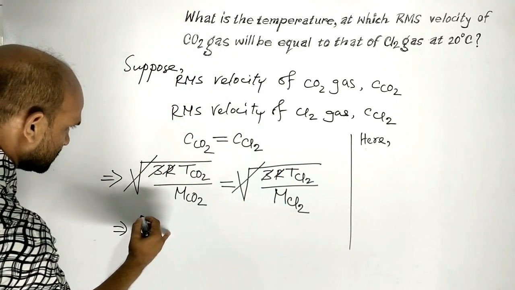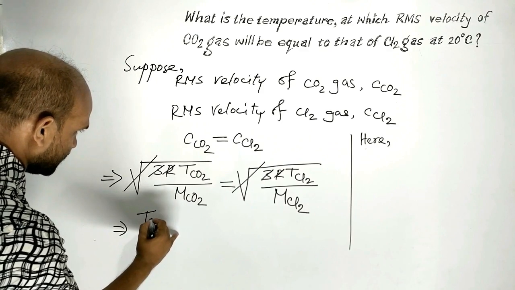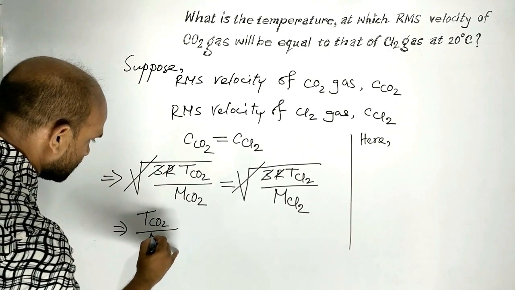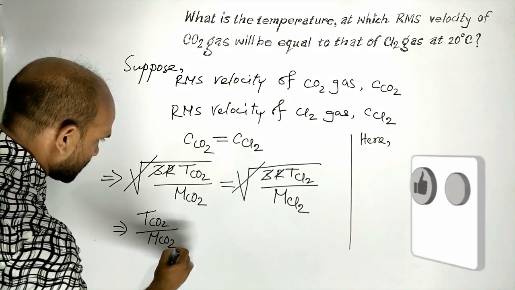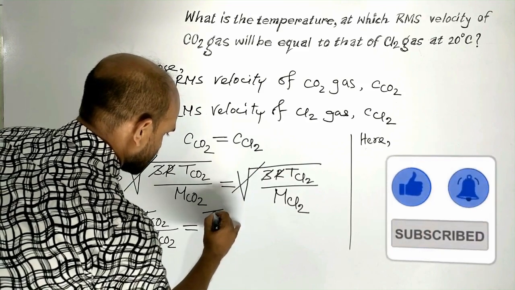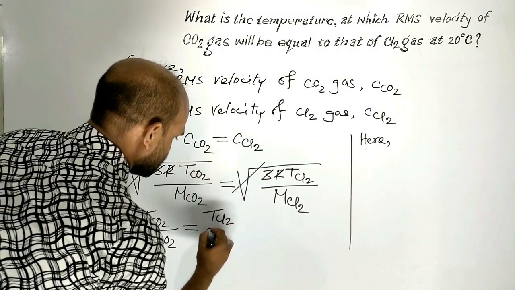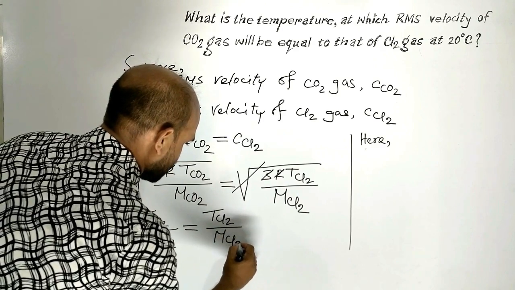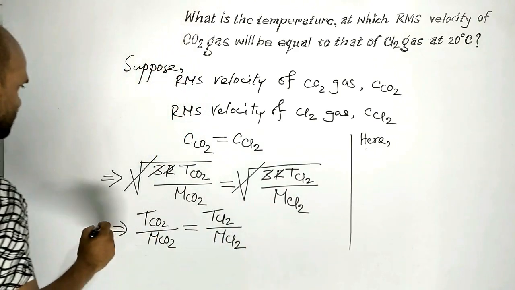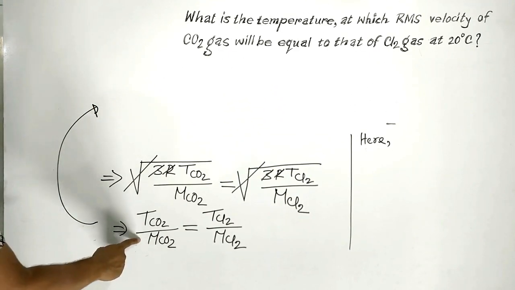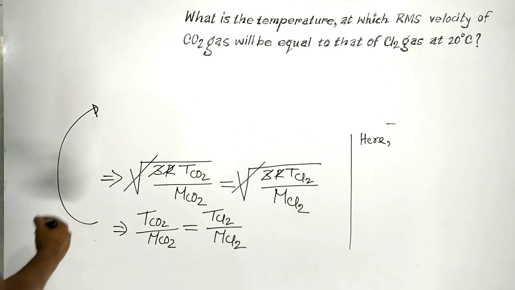After that we will get Kelvin temperature for carbon dioxide gas divided by molar mass for carbon dioxide gas is equal to Kelvin temperature for chlorine gas divided by molar mass for chlorine gas. From this equation we can write this equation after cross multiplication in this way.